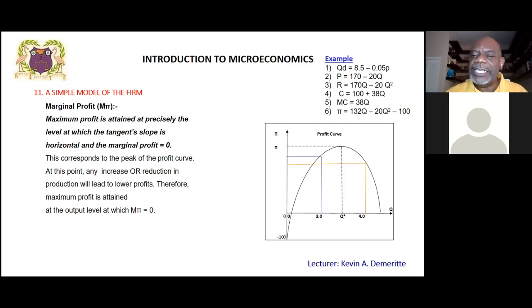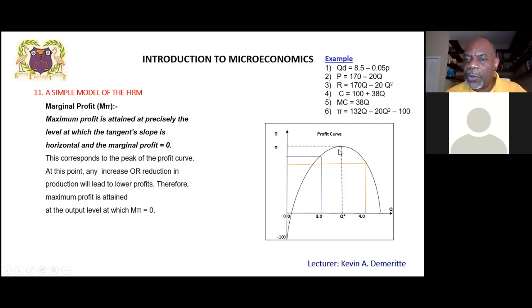So what we find is that when we look at our profit curve, that rate of change, that slope, is changing at every point on this curve. So how much profit we're going to earn is changing depending on how much we're going to produce and sell.